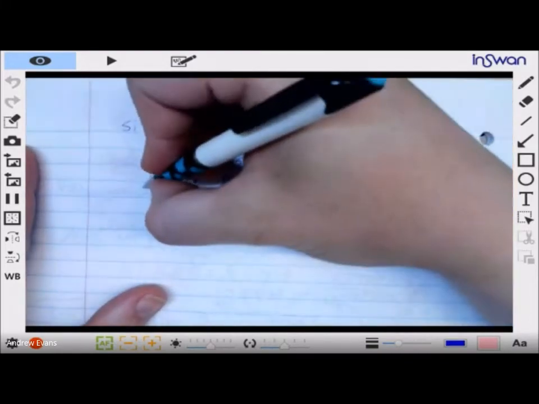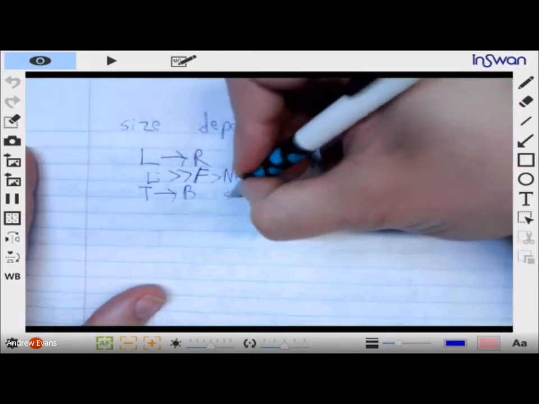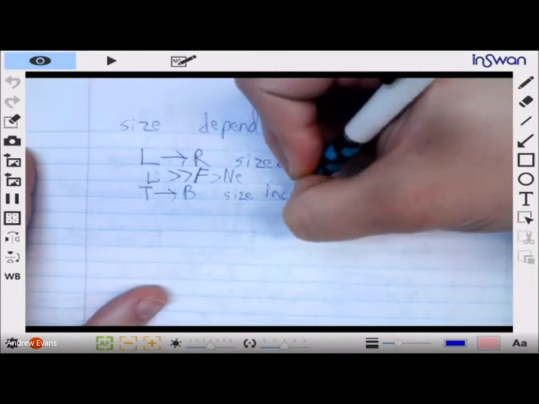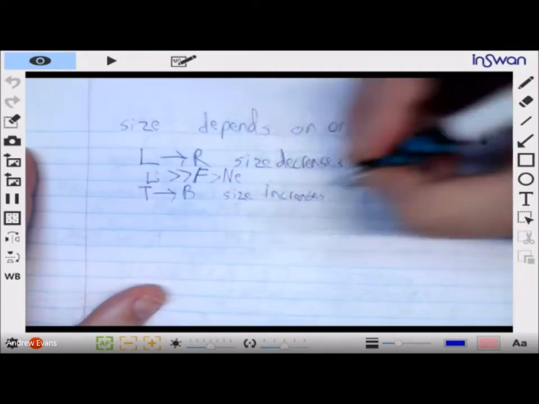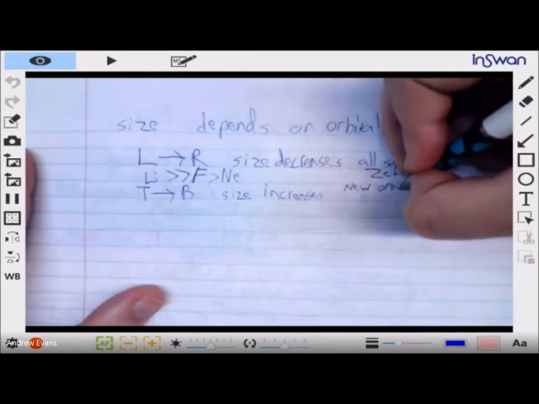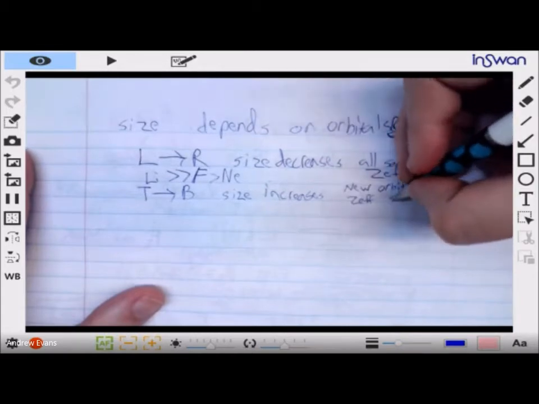Top to bottom, size increases because of a new orbital, but Z effective only has a slight increase.